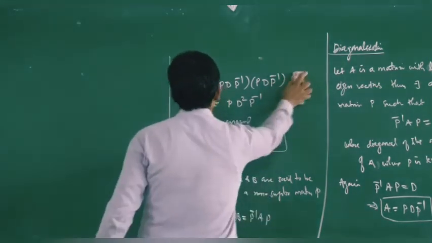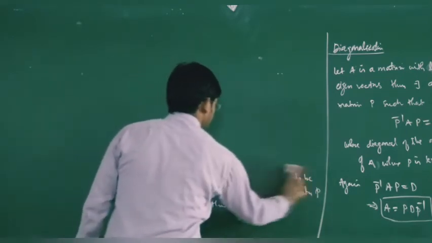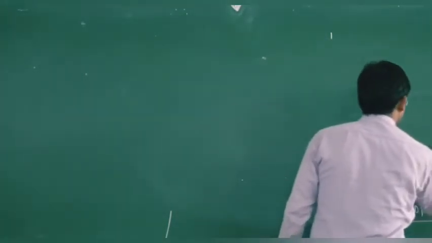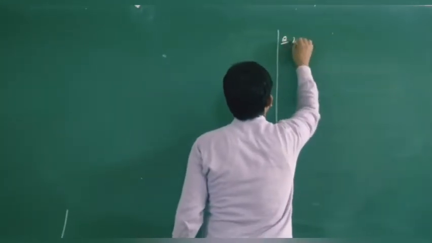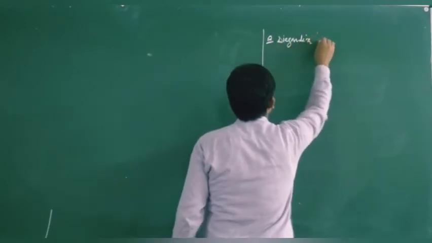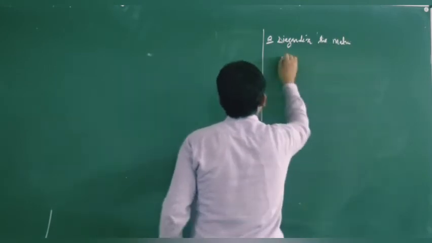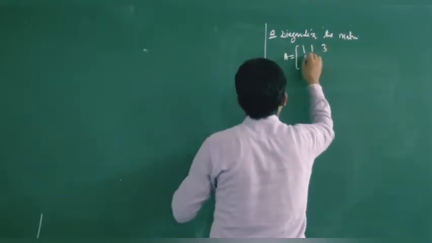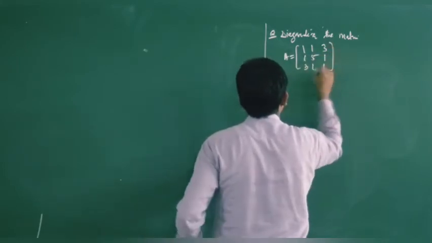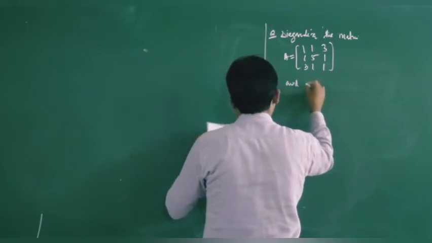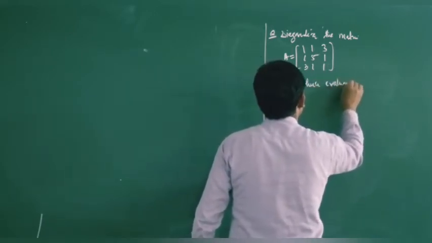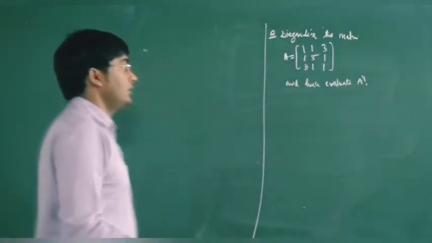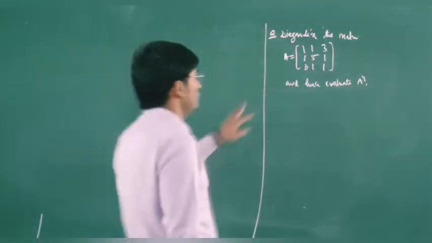So question: diagonalize the matrix A equal to [1 1 3; 1 5 1; 3 1 1], and hence evaluate A power 4, the fourth power of A.